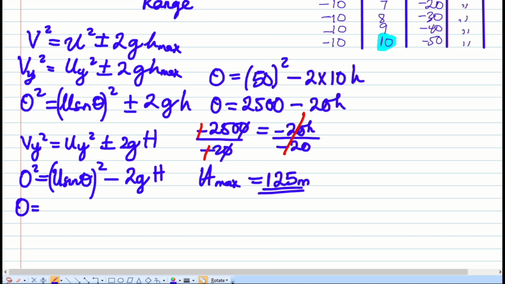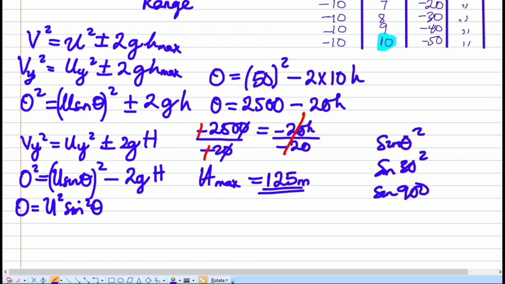U sine theta, let's distribute the square. We have U squared sine squared theta. Now, why do we write this as sine squared theta? Because if you put the square here, you might be tempted to square the angle. So assuming we have sine 30, you will now square the angle. 30 squared is 900.